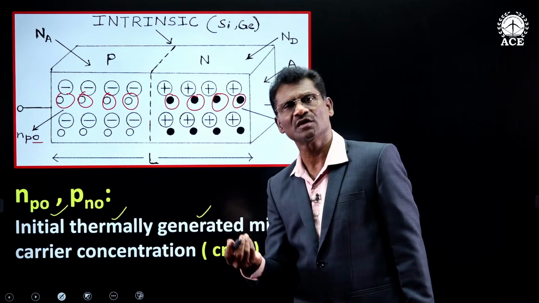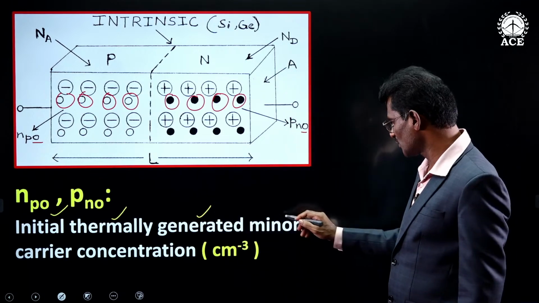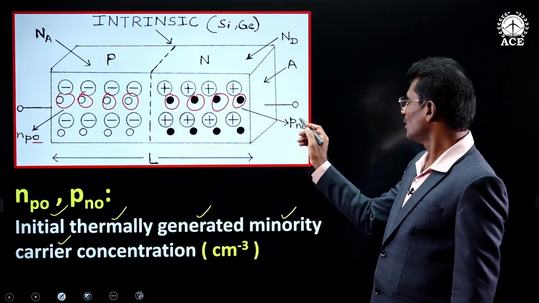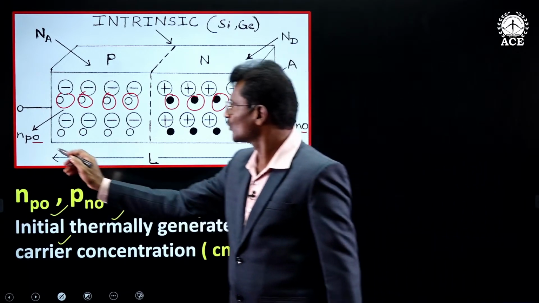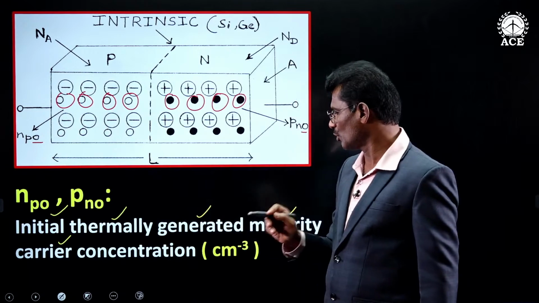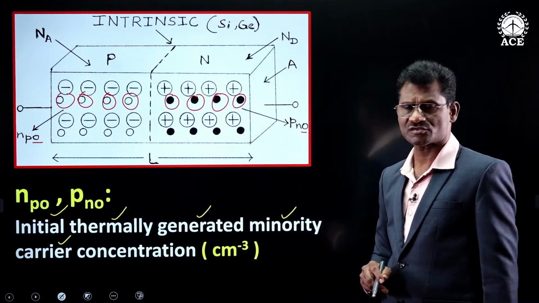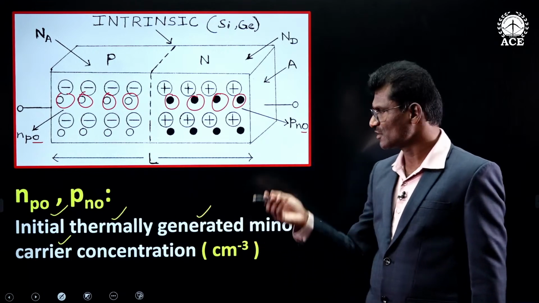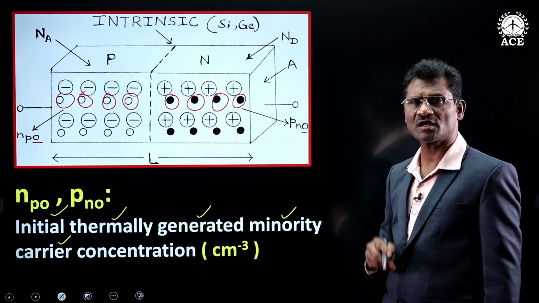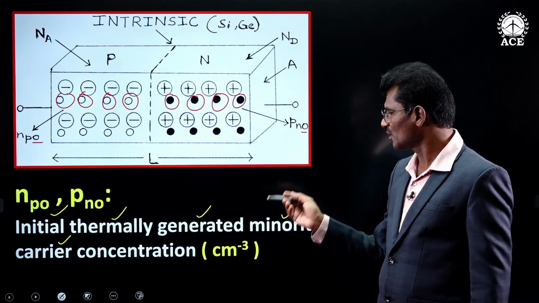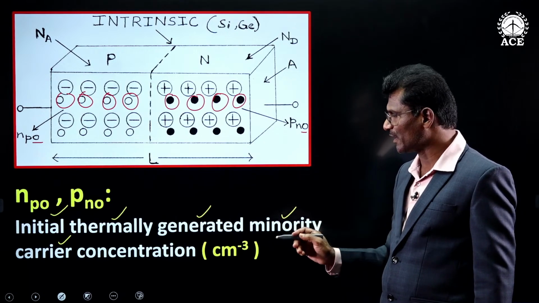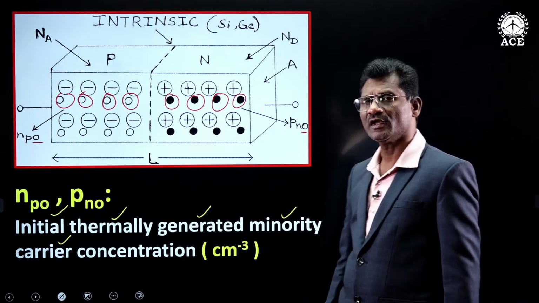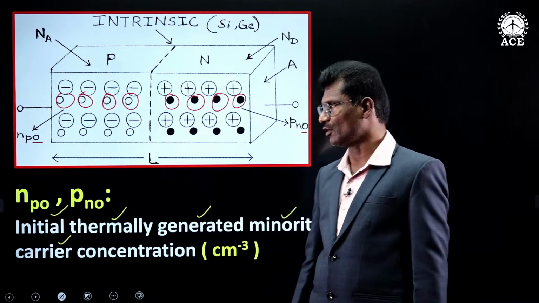Which temperature? That is room temperature. And basically minority carriers. Holes in N side and electrons in P side, both are minority carriers. Now if you read the complete name, you will understand as how these concentrations are named. Initial thermally generated minority carrier concentration. So that is the meaning of NP0 and PN0.